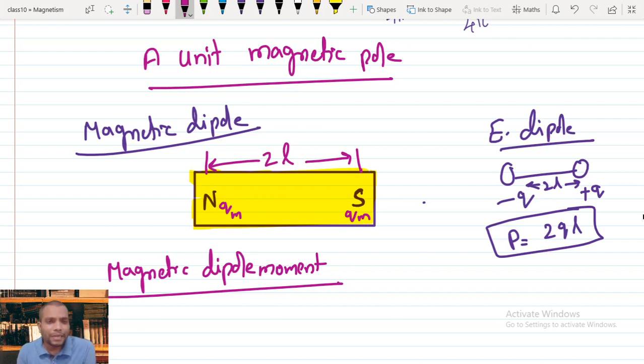Two opposite unit magnetic poles are separated by a distance of 2L.